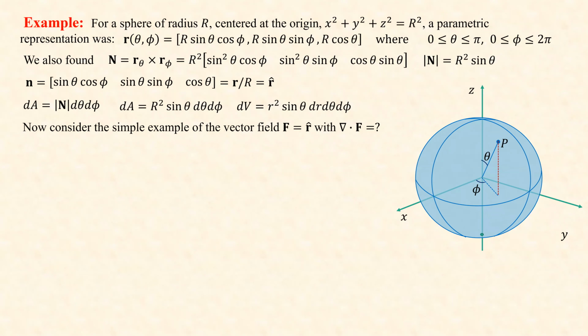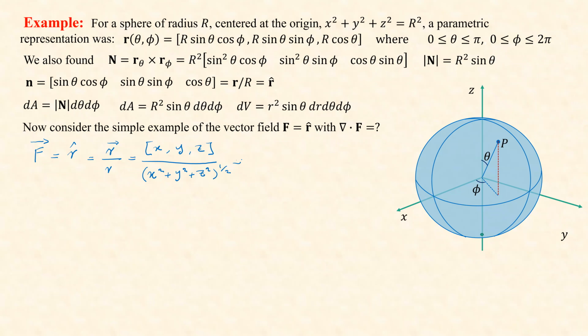So let me show you that here. R hat is actually the R vector, x, y, z, divided by the magnitude of R. What is the magnitude of R? It is x squared plus y squared plus z squared to the power 1/2, the square root.